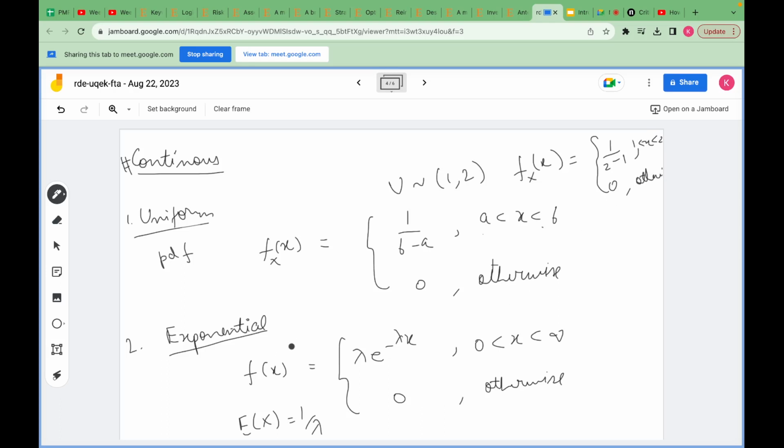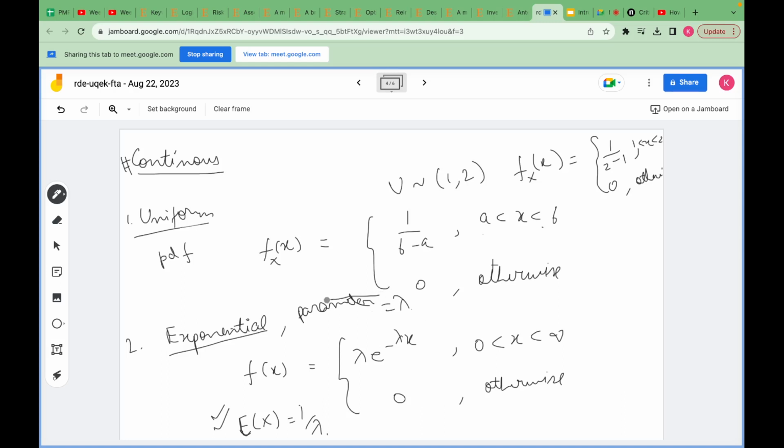Then there is the exponential distribution, and the probability density function formula is given by lambda e to the power minus lambda x, where x ranges from 0 to infinity and it is 0 otherwise. The mean for the exponential distribution is 1 upon lambda, and the parameter is lambda.